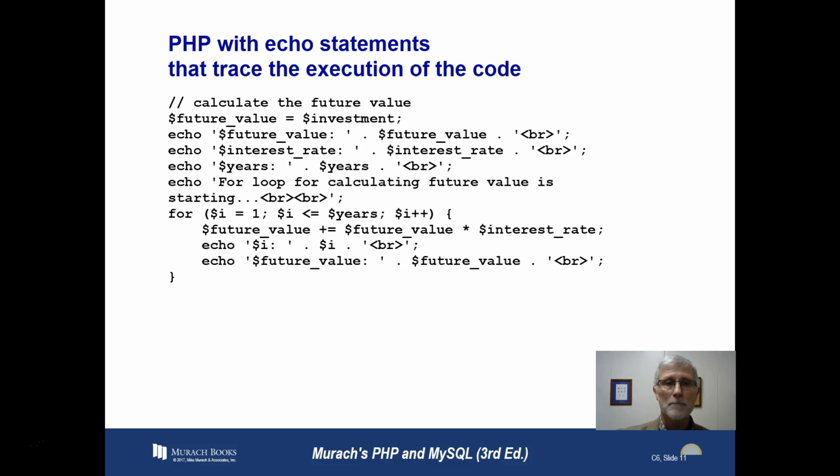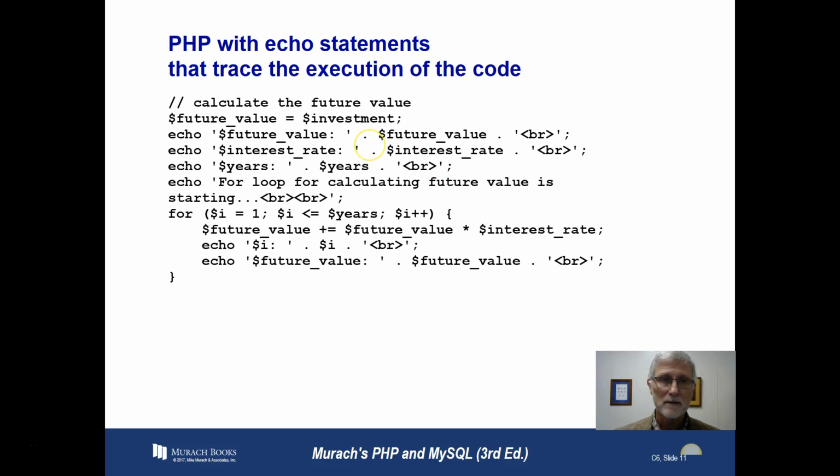Now, how do I trace this execution? Granted, you can use NetBeans and set breakpoints, and we'll get into that a little bit later, and step through the code. But you also can do it with echo statements. That's what you see here: I'm setting a series of echo statements in here so that I know what I'm asking for, what my data values are, and where I am in the code.